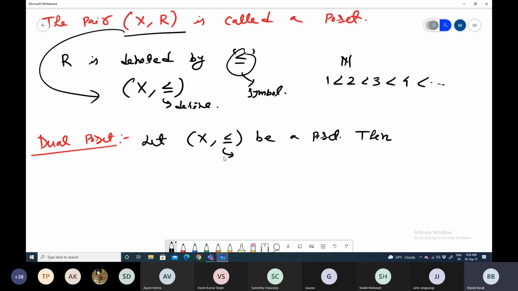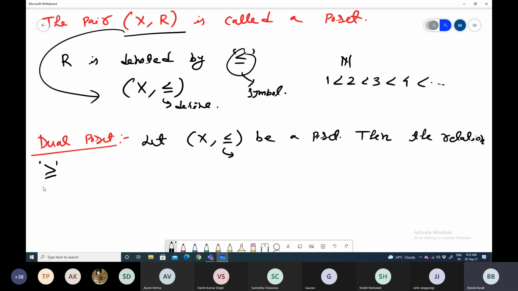Now if we define a new relation, this one, you can call it less than or equal to if you want, or you can call it greater than or equal to, because you have to read something, right? So that is not wrong. But when you say that it is less than or equal to, that does not mean the usual less than or equal to. Okay, so that's all.